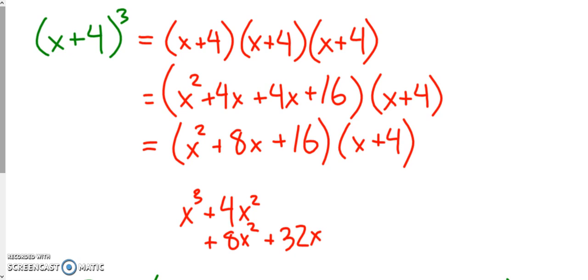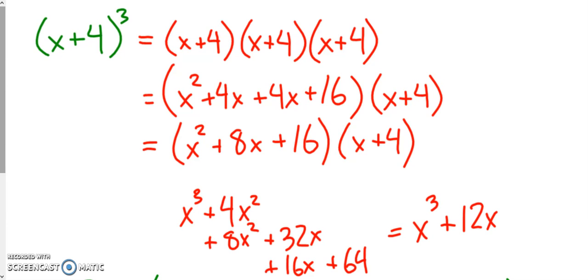And then you could take your 16 and distribute it. So then I'd have plus 16x and plus 64. And notice that if I combine my like terms here, that would give me x cubed plus 12x squared plus 48x plus 64.